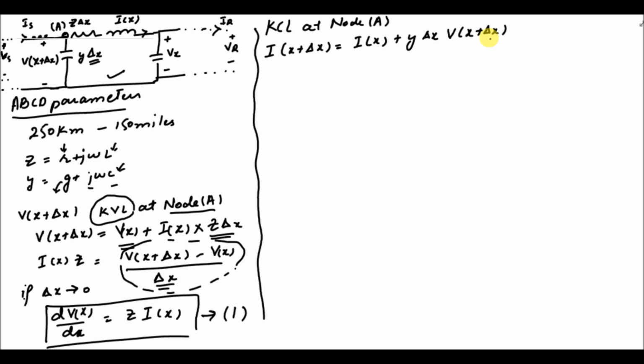So this is the current entering the segment, this is the current leaving the segment, and this is the current of the shunt branch.